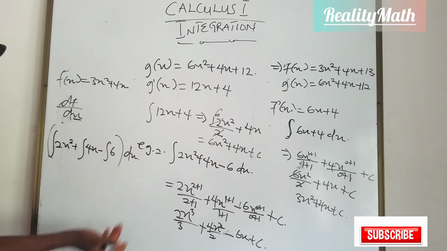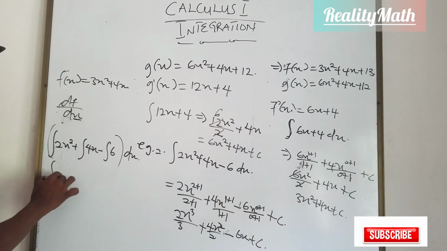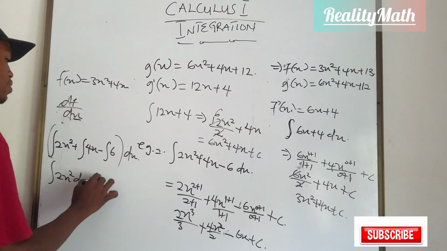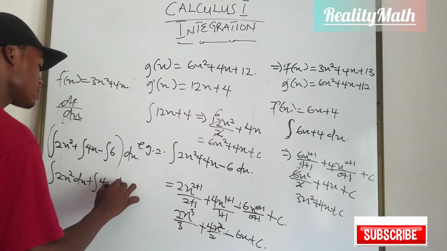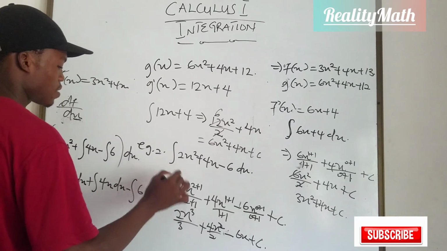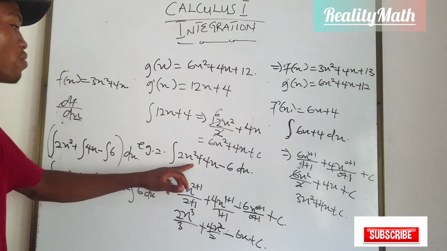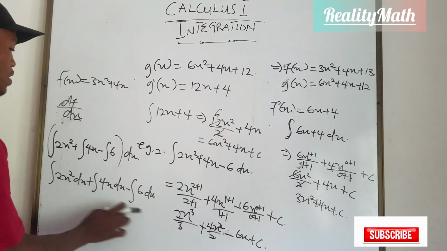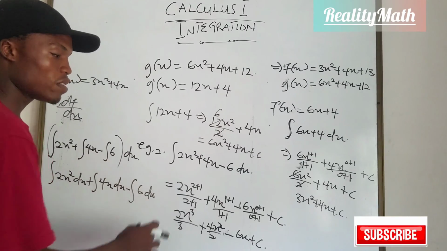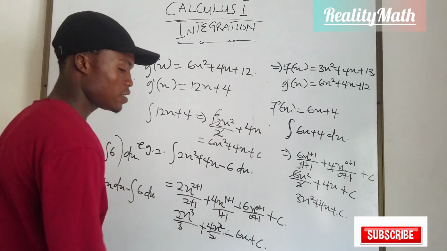You can choose to write it this way, or you can put it as the integral of 2x squared dx plus the integral of 4x dx minus the integral of 6 dx. So it means that it's just the integral of each term. It can be written this way, or it can be written this way. All the same, when you integrate this, you still arrive at the same answer.